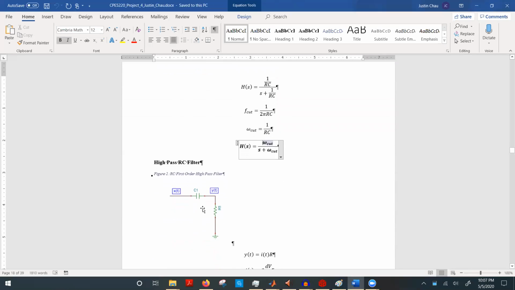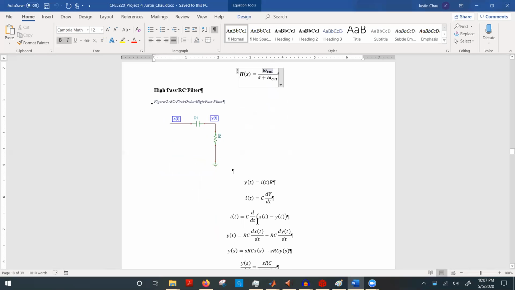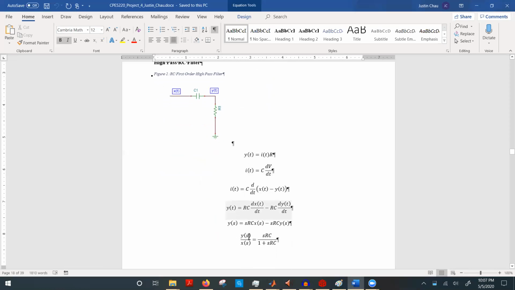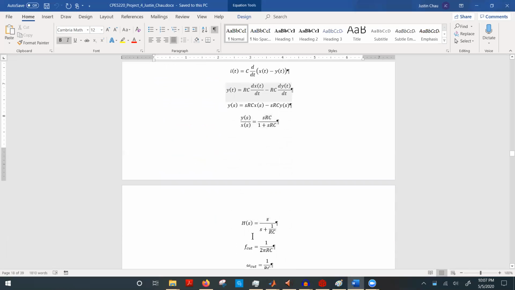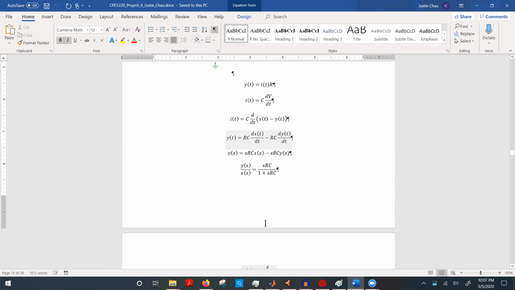The high pass filter is almost the same thing, except that the orientation of elements has been changed. Now the capacitor is in series and across the resistor. It's the same process though. We start off in the time domain and we have to use derivatives, and we convert these derivatives into S. Then we just need to rearrange the equation to solve for Y(s) over X(s), which can be written as the transfer function in terms of s. This is what we get for the high-pass filter.